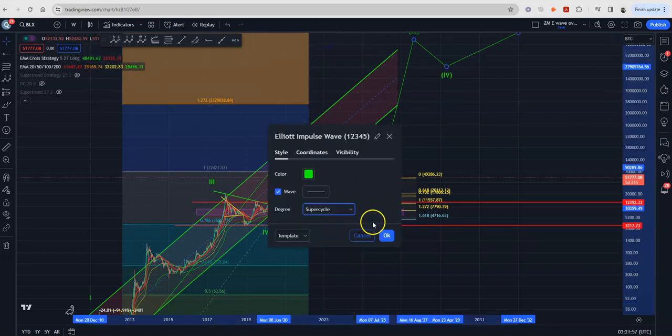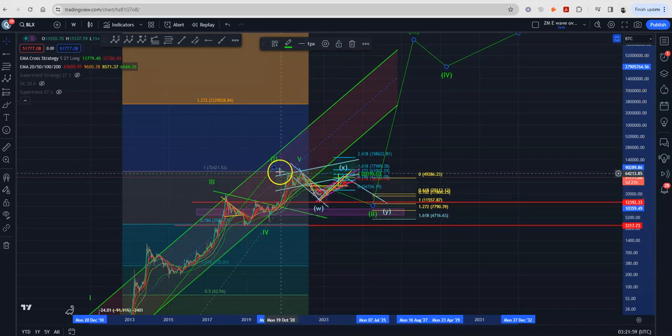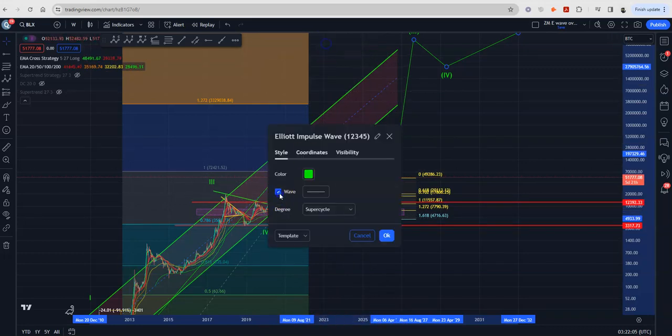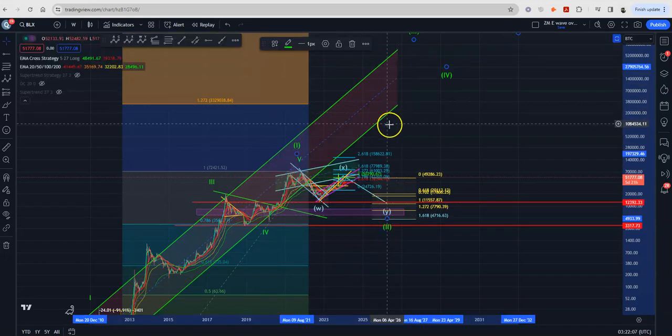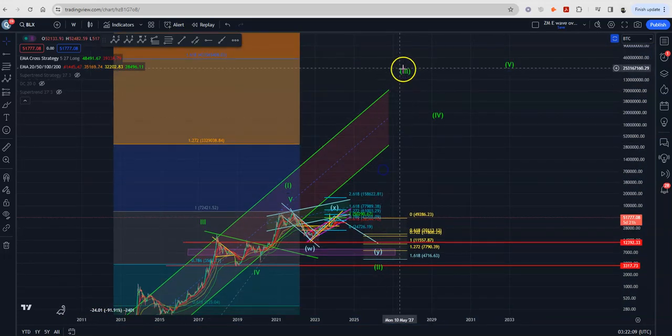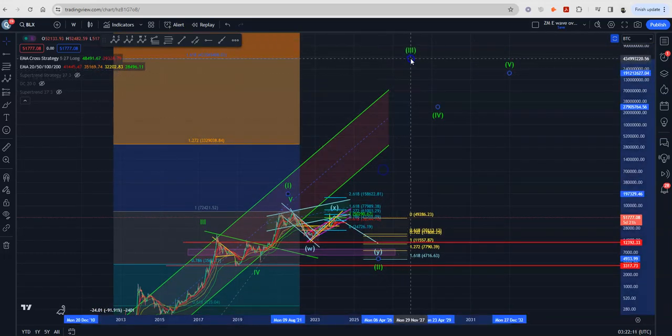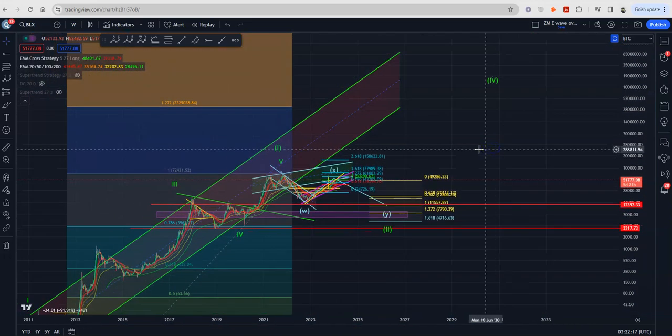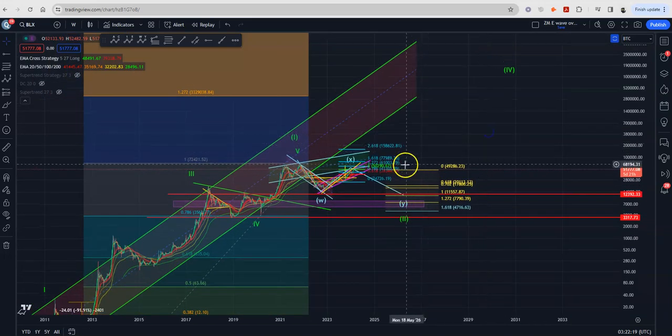This is the super cycle. So we're going into the third super cycle. That's the technical definition. I'm just being a little lazy here. Yeah, Bitcoin is going into its third super cycle, and that is the fifth of the fifth. It's going to be the scarcest thing on earth. Yeah, that's the wave count.